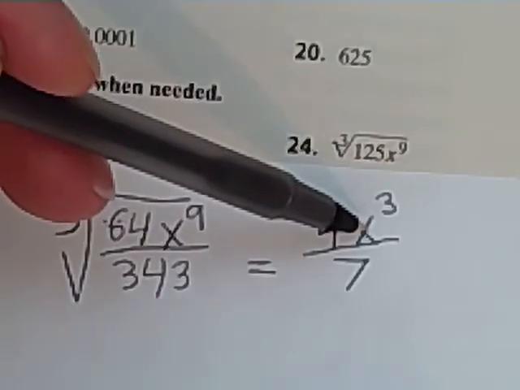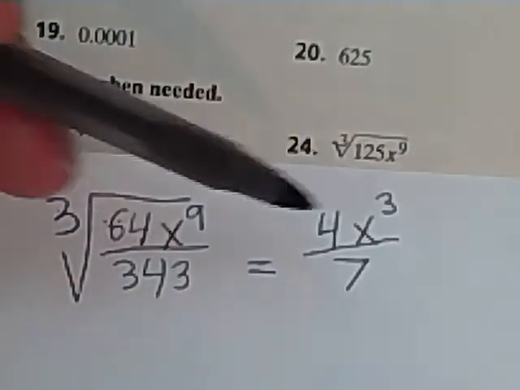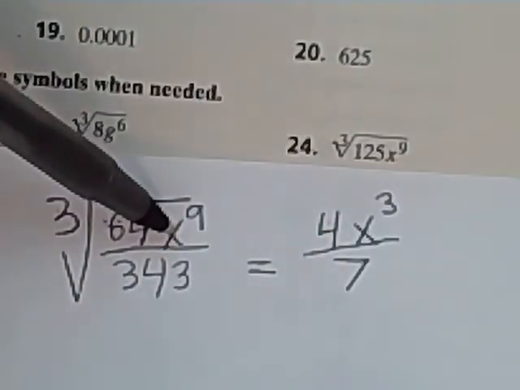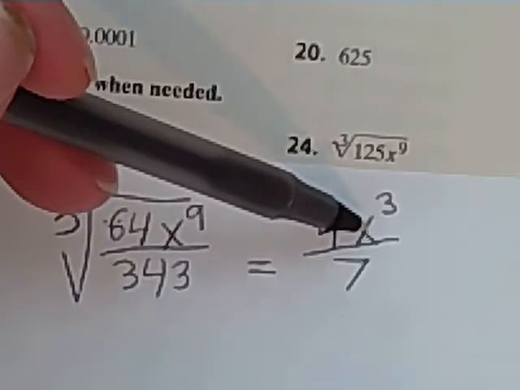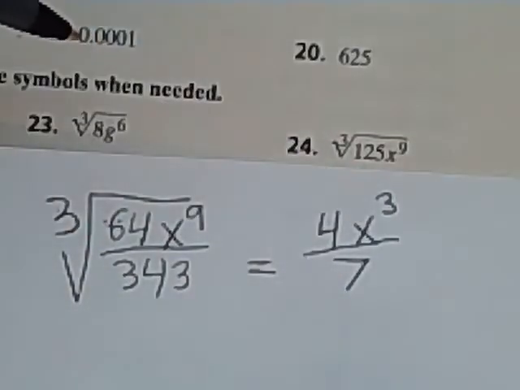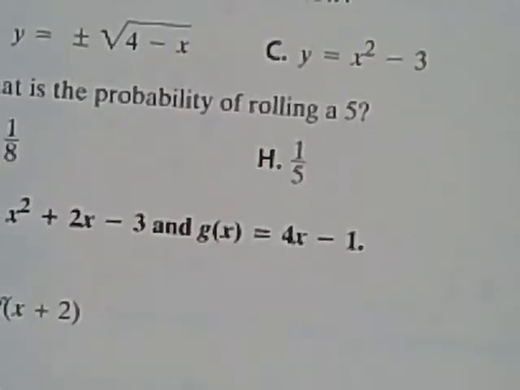So if this starts off being negative, this will also be negative. And I am comfortable that the cube root of a negative number can be a negative root. That is fine. So I claim, here's my answer to problem 28. I'm going to flip in the back of the book, and it says problem 28, answer is 4x cubed over 7. Ta-da!